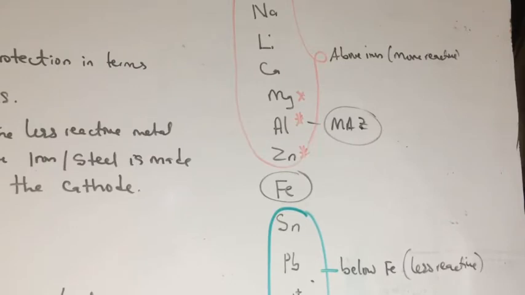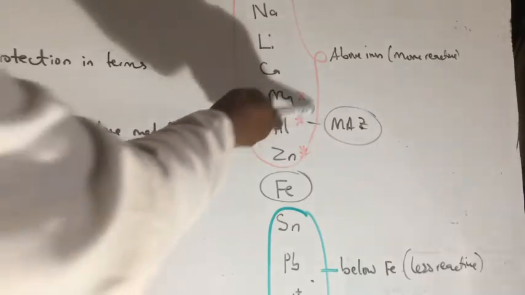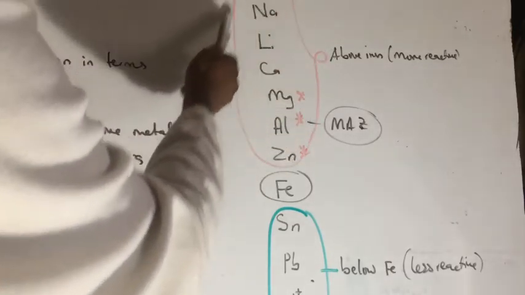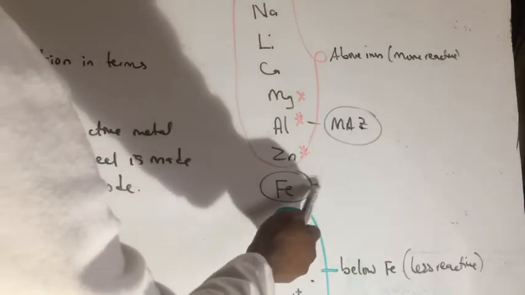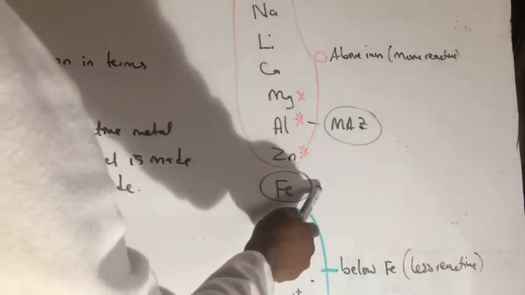So it is the iron that is the material to be protected. It could be iron or any material that contains iron, like steel, an alloy. All these others are the materials or objects we make the anode. The iron itself or steel, we make the cathode.